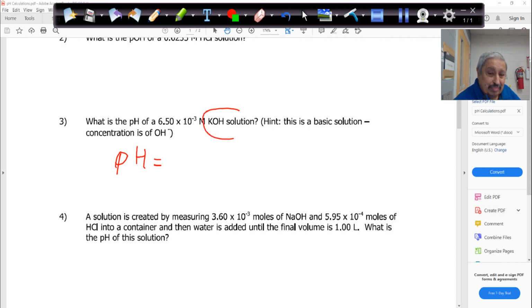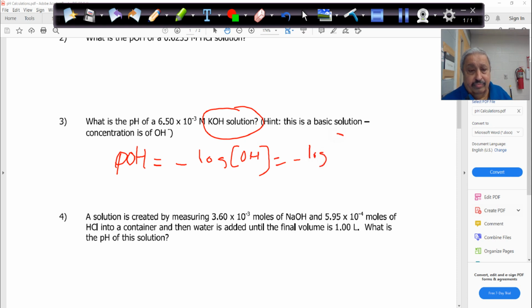Can we get the pH directly? No, because the pH is minus log H, but we have KOH here. So what I will do here, just simple, if I have the OH, then I will say the pOH, minus log the OH. And minus log 6.50 times 10 to the minus 3. So how much is it? How much is it, guys?